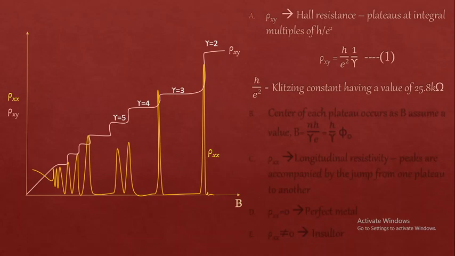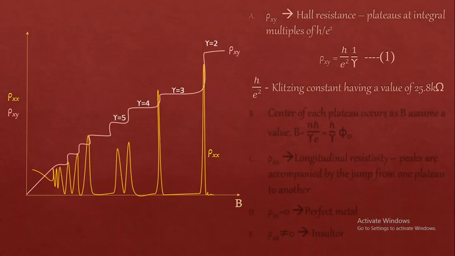And the main difference, if you want to observe, between the integer quantum Hall effect and the fractional quantum Hall effect is with respect to the gamma value. For the integer quantum Hall effect, gamma will be integer numbers, that is 1, 2, 3, 4, 5 and so on, which is already represented in the plateau form.